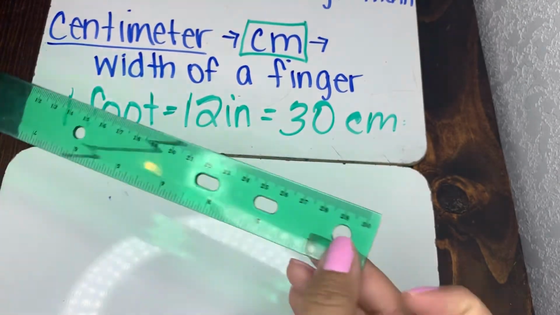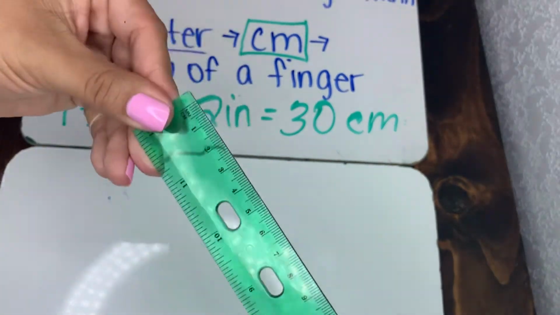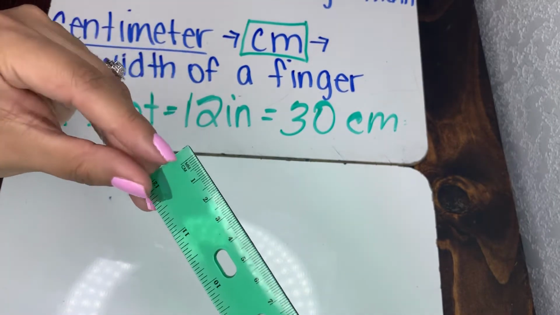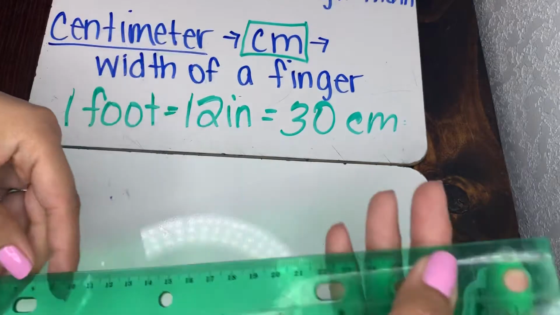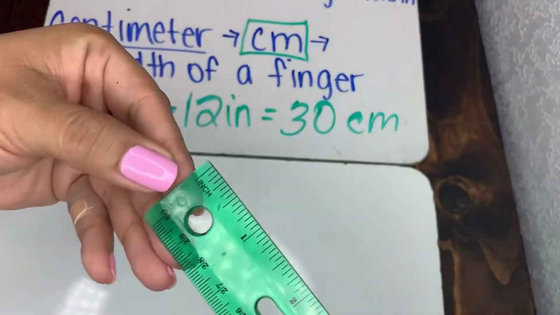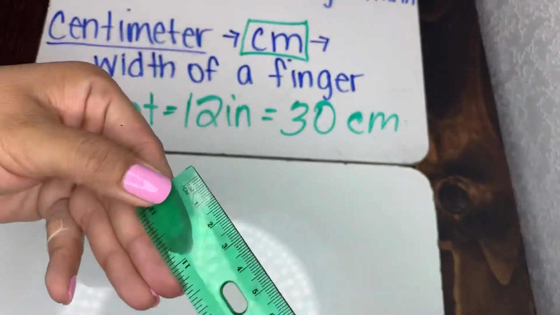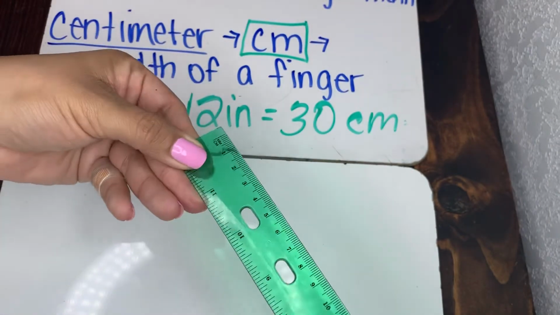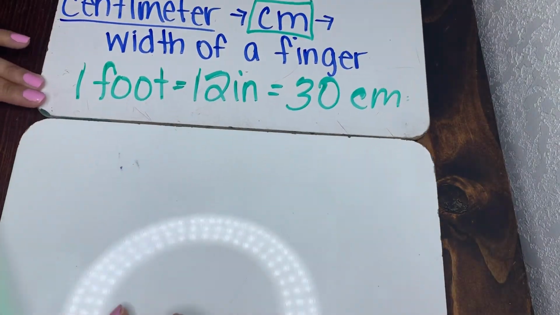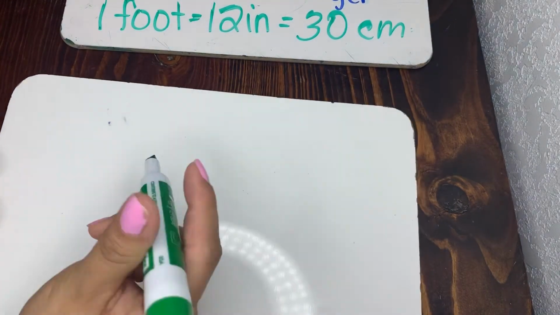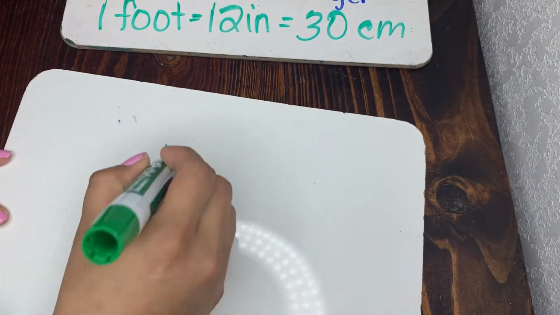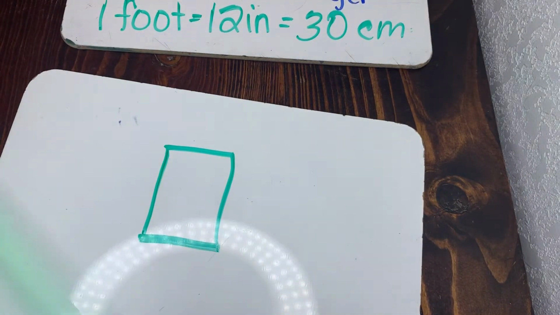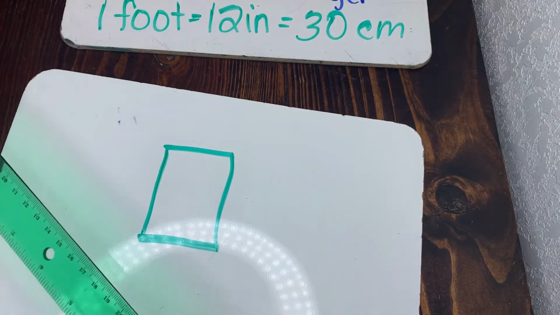That's what we're saying. And this is not the side that you usually use, so make sure that you are using the correct side when it comes to the measurements. One side says inches and one side says centimeters. Pay attention to the wording of the question so that you know which one it's asking for. So when we are measuring, it may tell you to measure the length of this square.